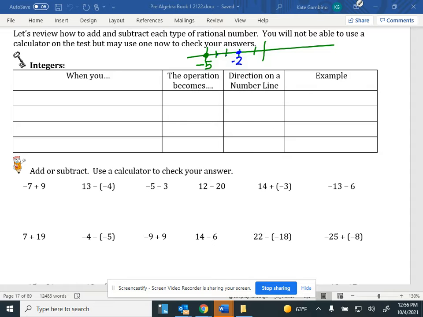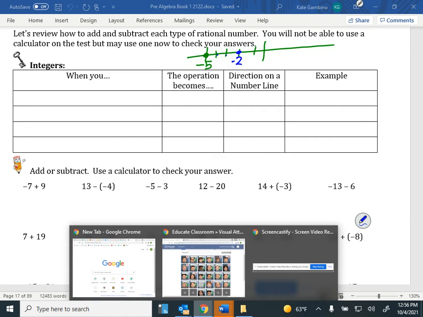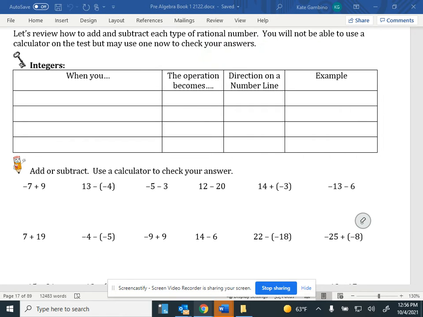Are you able to do 7 minus 9? Nope. So again, when you have that positive number as your second one, remember what we wrote here. When you add, you're doing addition. And when you subtract, you're doing subtraction. That is when your second number is that positive number.